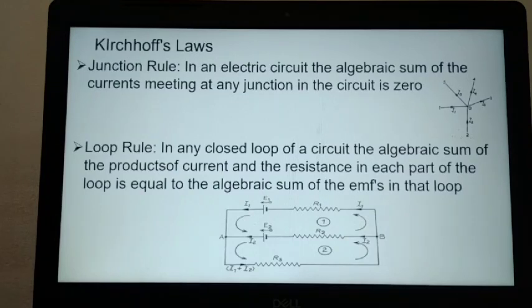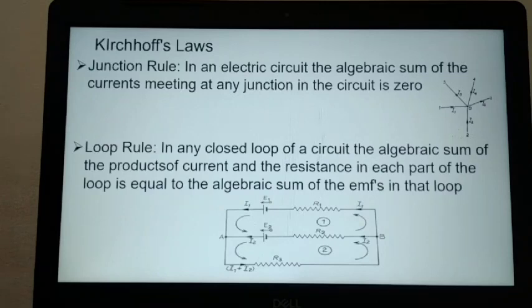When you are considering a loop, you can find the product of resistance and current and the sum of EMFs in that particular loop. For finding that, you have to travel in the loop either clockwise or anti-clockwise.